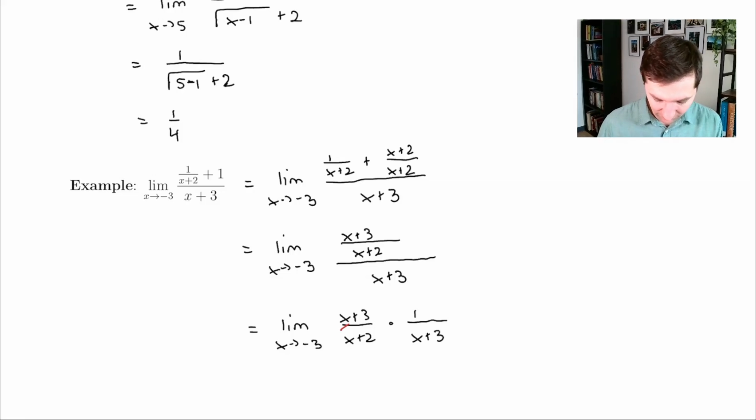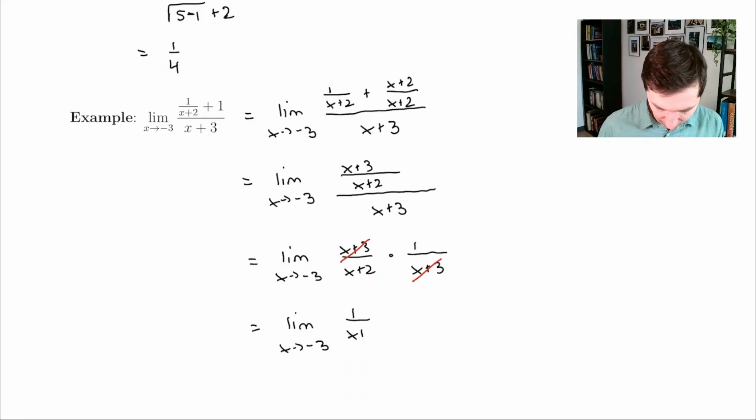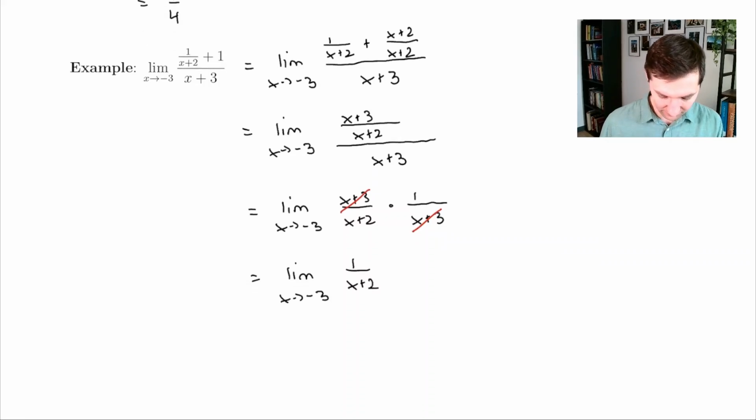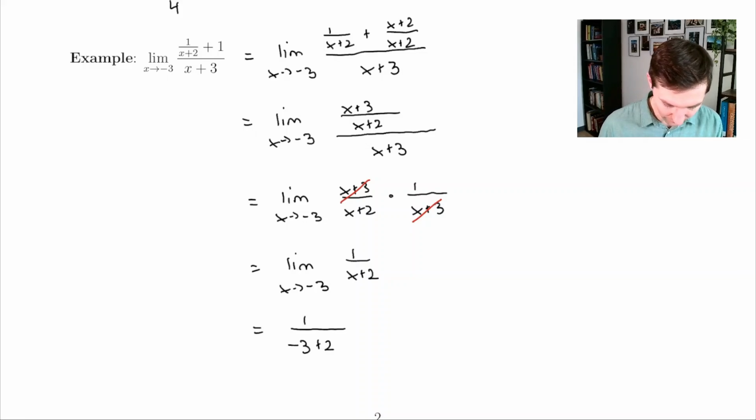Now, x plus 3 in the numerator and in the denominator, they divide out, which gives me the limit as x goes to negative 3 of 1 over x plus 2. Finally, I plug in negative 3 to my expression using the substitution property and get 1 over minus 3 plus 2. That's negative 1, so I get negative 1.